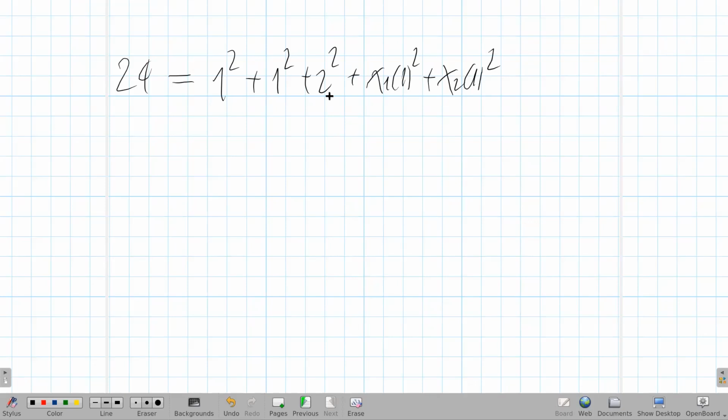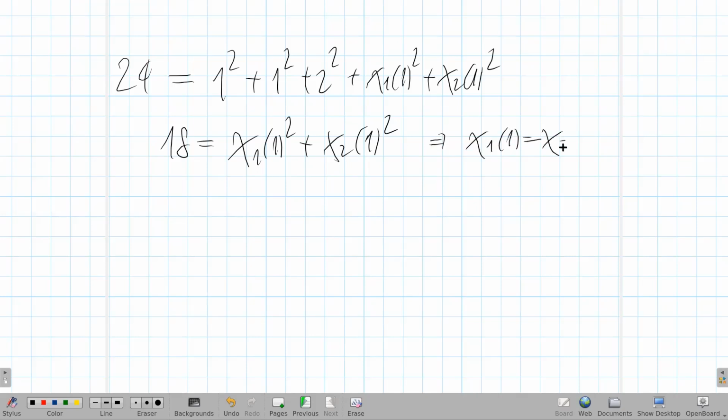Of course, this is 6. So we find that 18 is equal to chi1(1) squared plus chi2(1) squared. And then it's a moment of reflection to see that the only way of obtaining 18 as the sum of 2 squares is to have 3 and 3. So they have to be 2 characters of degree 3.